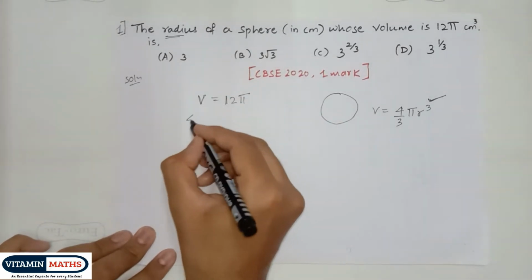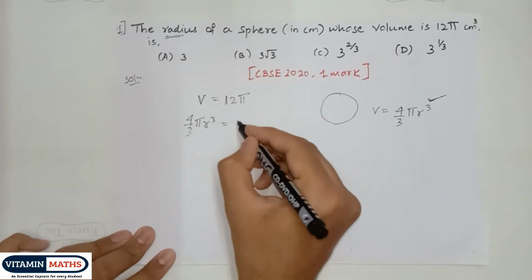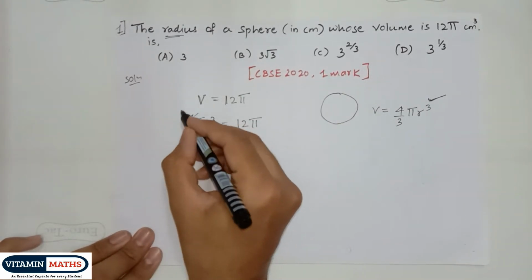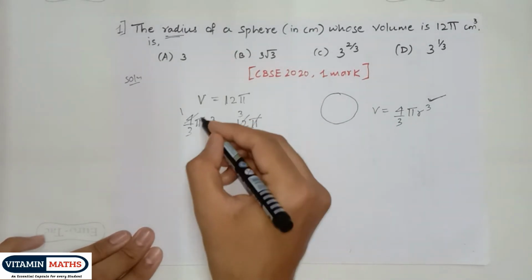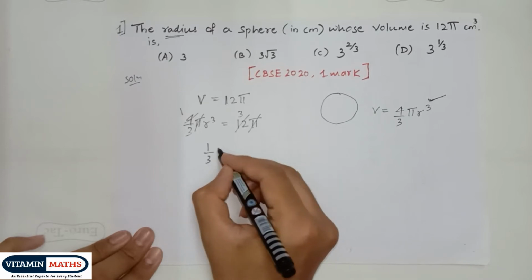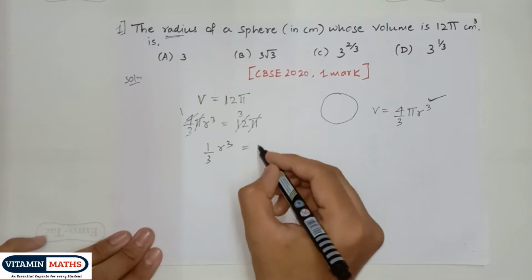So volume is 4 by 3 pi r cube, that is equal to 12 pi. So 4 1s are 4, 3 4s are 12. Pi gets cancelled, so remaining is 1 by 3 into r cube is equal to 1.